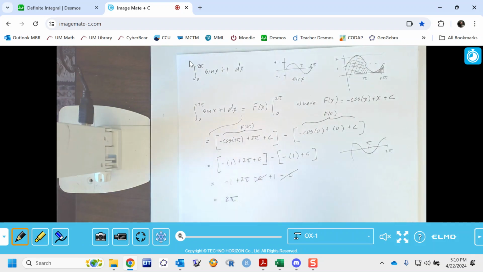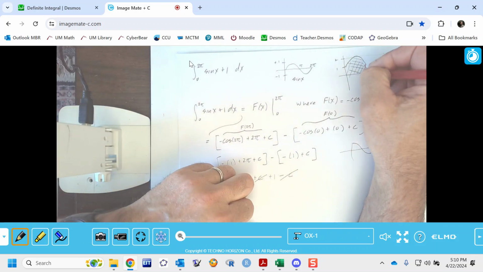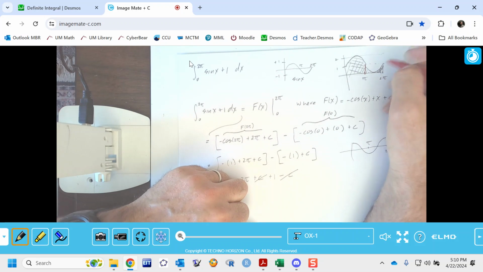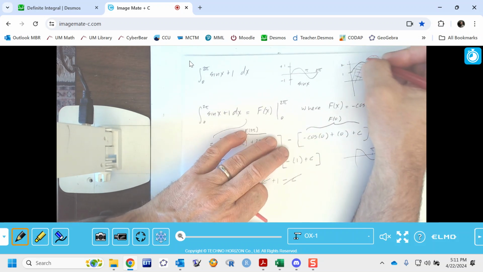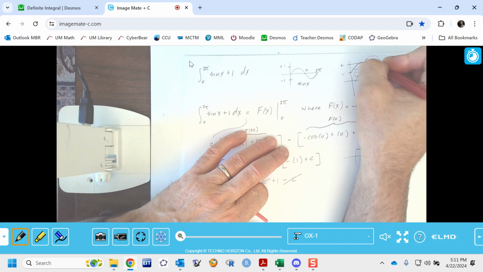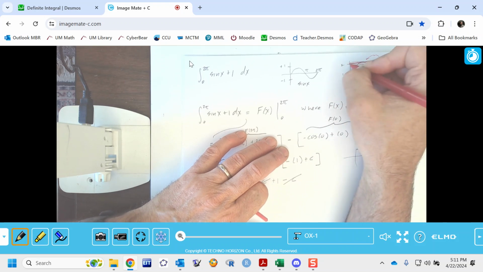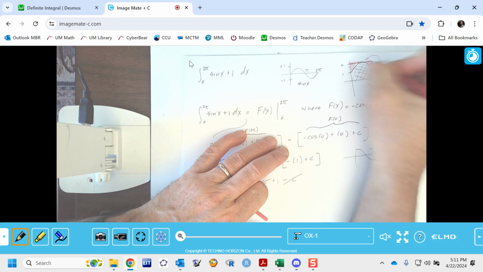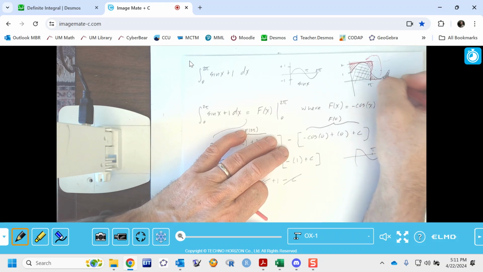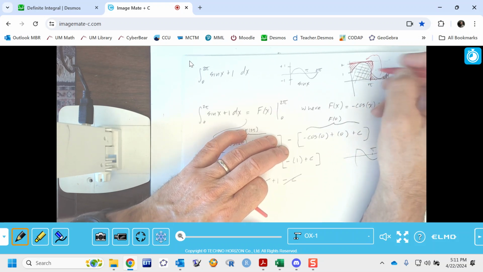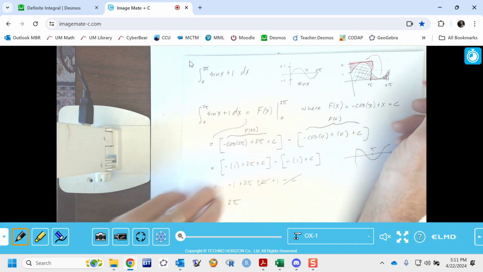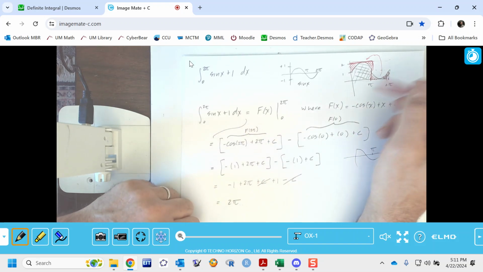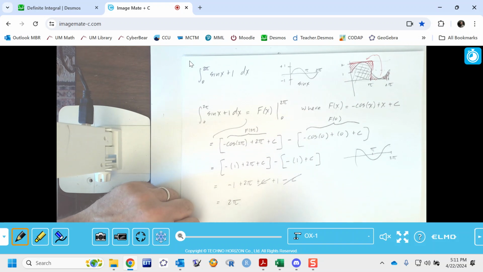Couldn't you just chop this thing right here and take this whole thing and replace it up here? In other words, that red area and that red area are the same. If I replaced it and put it up there, then I would have something that's 2 units high, pi units long. So the area under this curve is 2 pi, and that's indeed what we got.